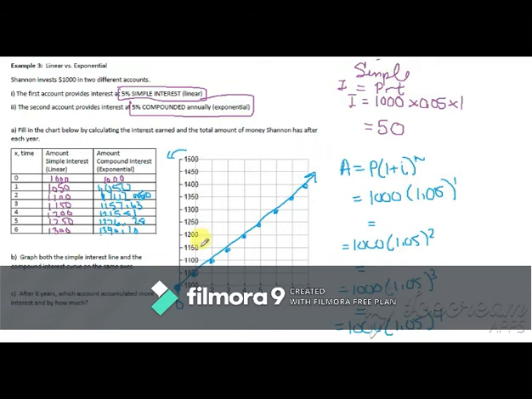This one I actually did the simple interest first, so I'm going to put SI. Let me do the other one in another color, maybe orange. So compounded interest, again, same starting number, same second number, and then we're going to go up.